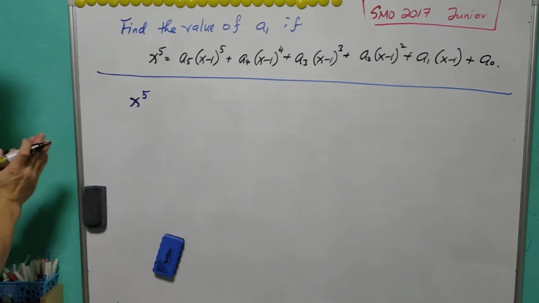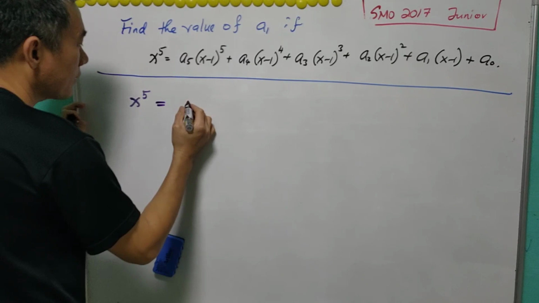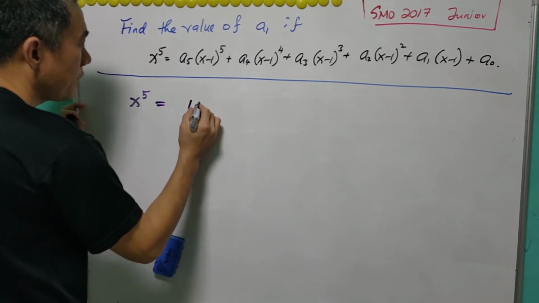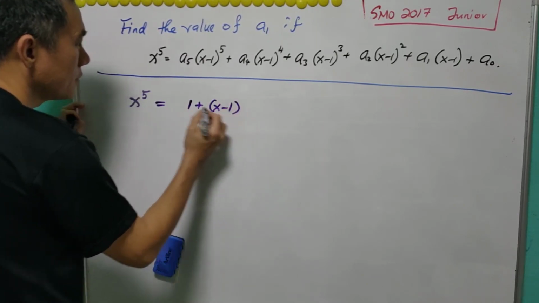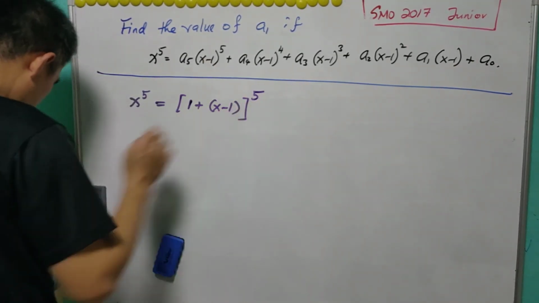For the first method, using binomial expansion, x^5 can be written as (1 + (x-1))^5. So this is a power of 5.